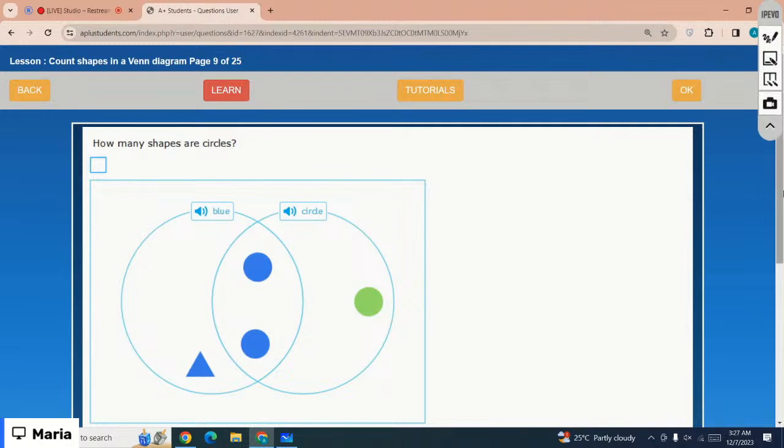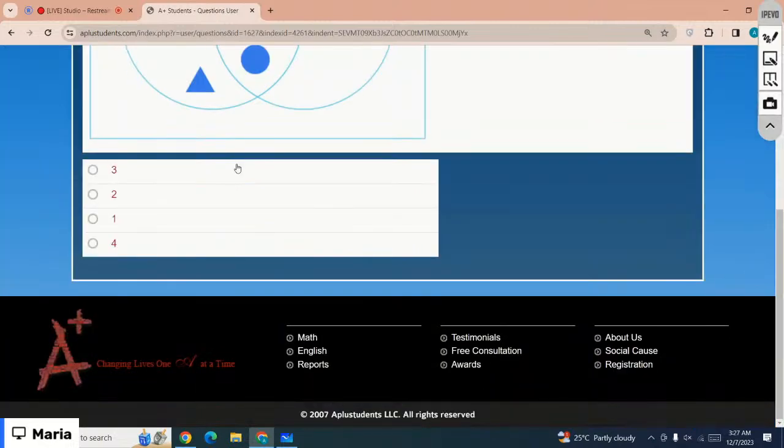Only three of them are circles. Color doesn't matter, just the shape matters, right? You have three circles.